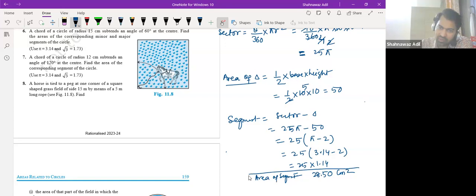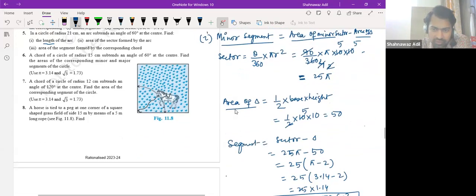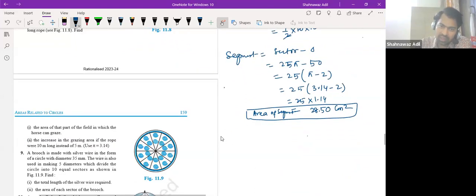And then we have to calculate the major sector, right? So what is the area of the major sector? We will not ask any question to Amina today, right? All the questions would be directed to either Tejasvi or Amira. So what would be major sector, Tejasvi? Yes, major sector would be how much?